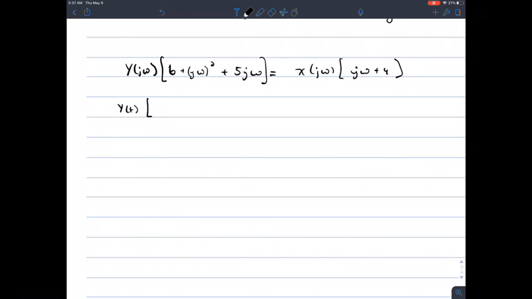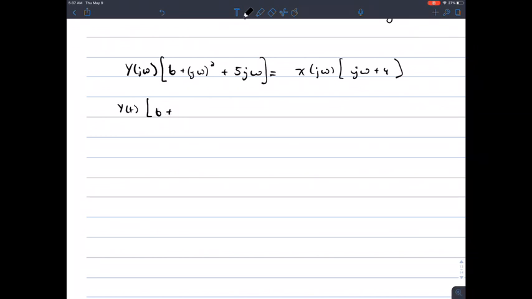So just j omega turns into d dt, while j omega squared will turn into d squared over dt squared. And the same thing is going to go for the X of j omega side. So j omega is going to turn into a derivative, while the 4 is just going to turn into a constant, okay? So let's go ahead and write that out, what I just said.